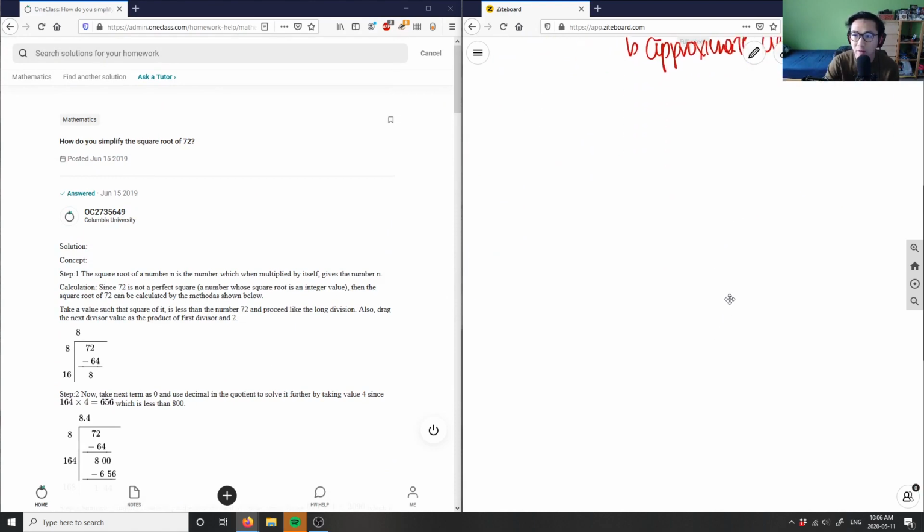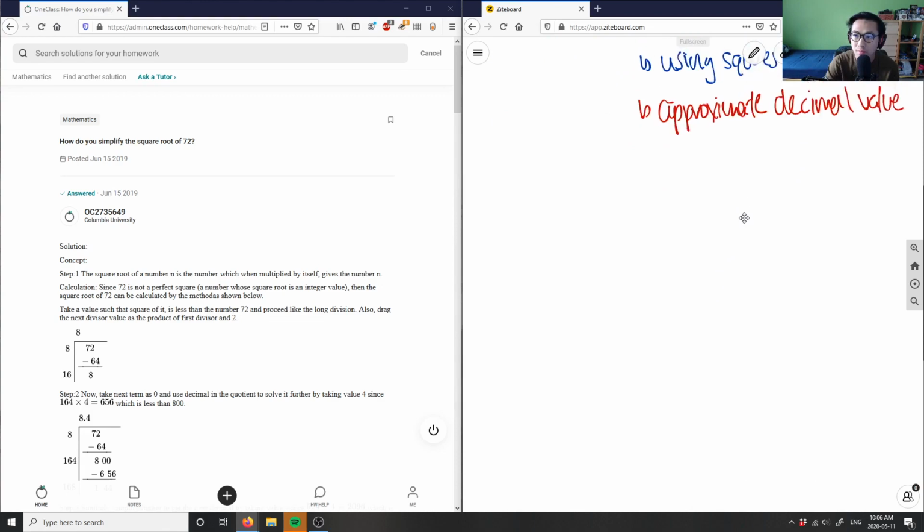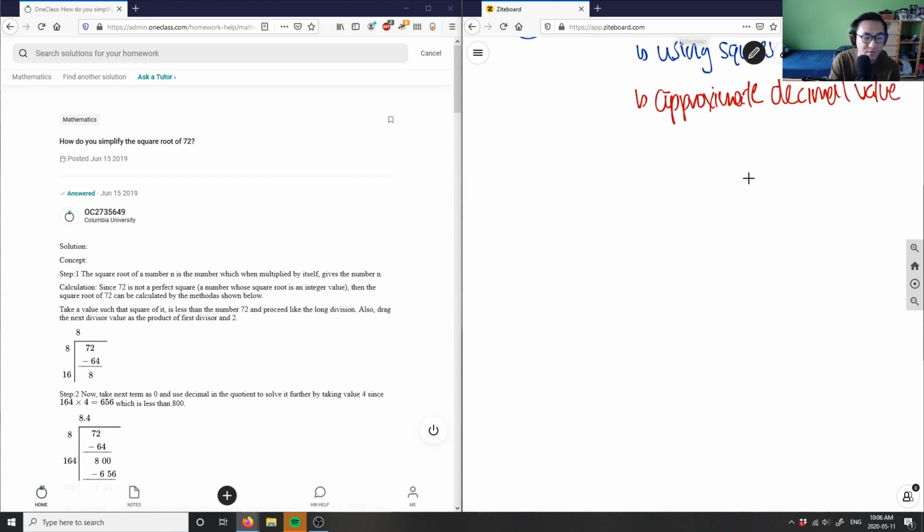So in simplified radical form, I would write our problem here, which is the square root of 72. It's asking to simplify the square root of 72. What we're going to do is take some prime factors. When we talk about prime factors, we are trying to break this number, 72, down into its basic blocks.